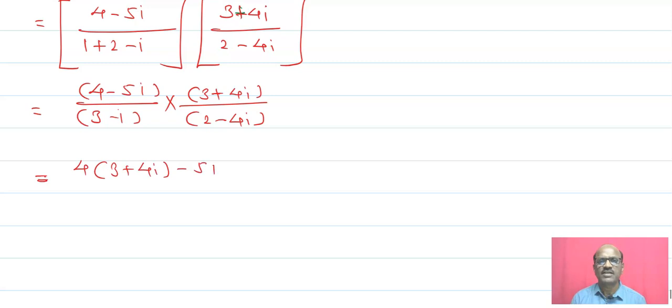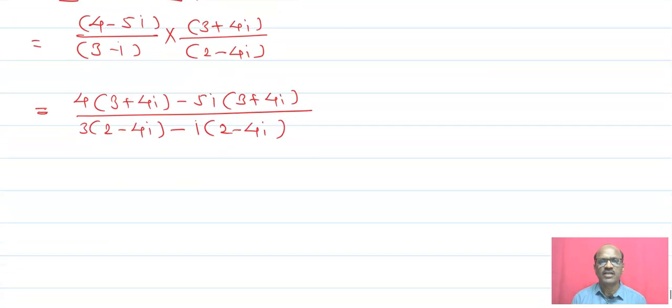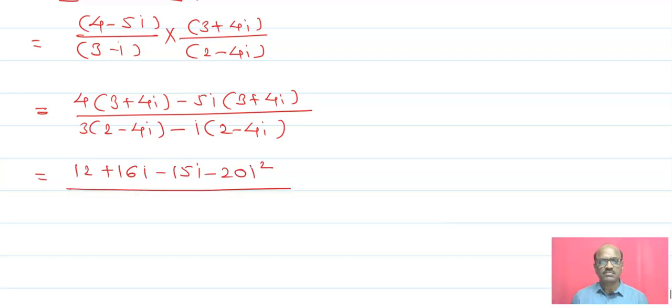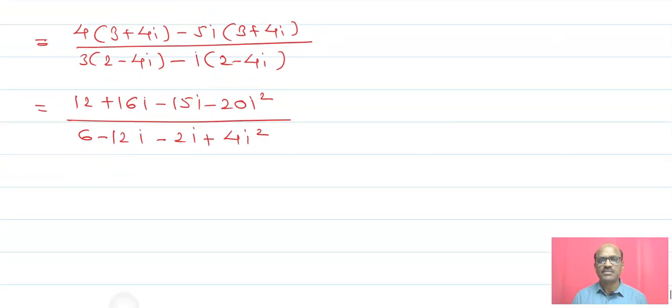That is 4 in bracket 3 plus 4i minus 5i in bracket 3 plus 4i upon 3 in bracket 2 minus 4i minus i in bracket 2 minus 4i, that is 6 minus 12i minus 2i plus 4i square.